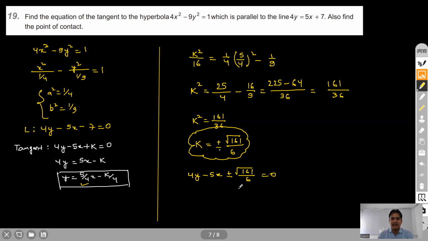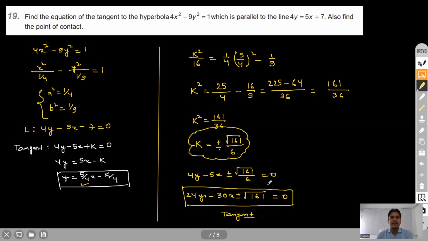You can further take LCM also. So this will be 24y - 30x ± √161 = 0, right? So this is the required equation of tangent.